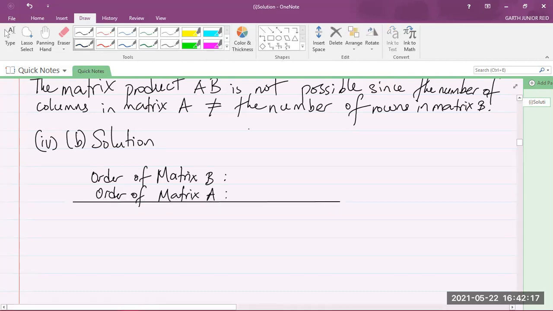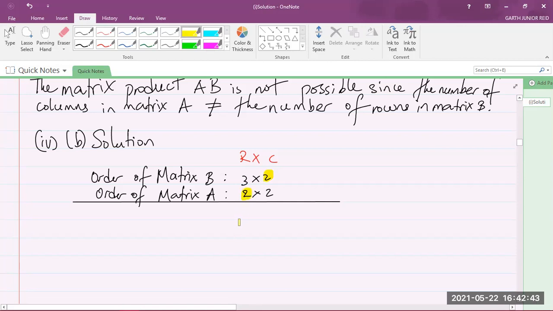Now the order of matrix B, we had already stated, is a 3 by 2 matrix, and the order of matrix A, we had already stated, is a 2 by 2 matrix. And we know that we're dealing with row by column. Now what do you recognize here? These two values are the same, aren't they?